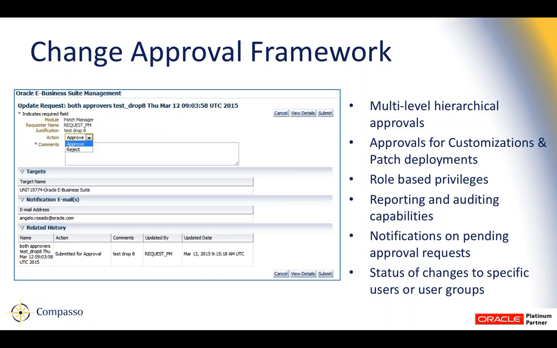And it can be approved, it can be rejected. You will have a history of all the approvals and rejections. There's a process to handle multi-level hierarchical approvals, so having multiple users, in order, approve the release and being able to manage the process that way. Okay.